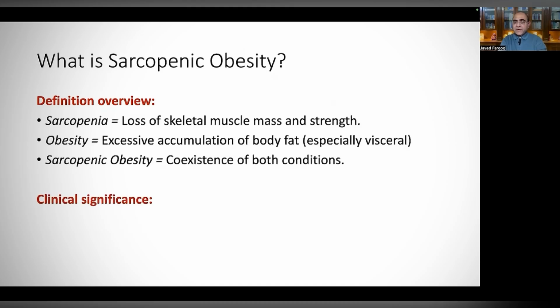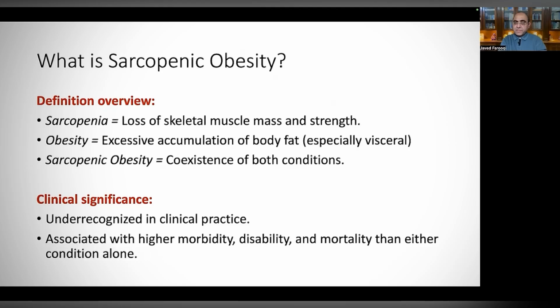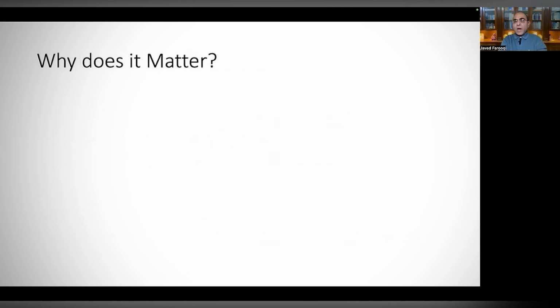The clinical significance of sarcopenic obesity lies in that it is an underrecognized condition in clinical practice, and it is associated with higher morbidity, disability, and mortality than either condition alone. Why does it matter?